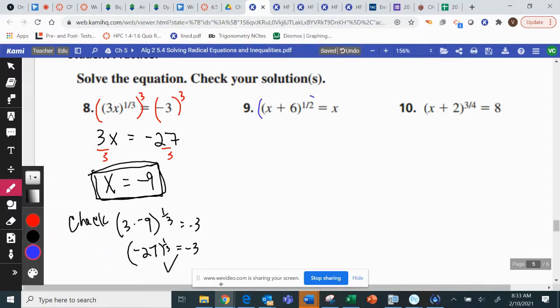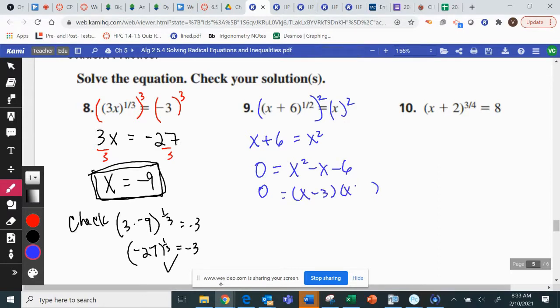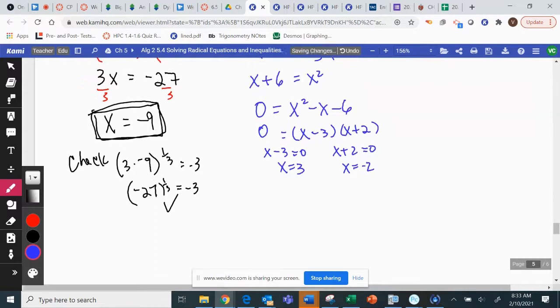For number 9, we're going to raise both sides to the second power. And because there's an x squared, I'm going to subtract the x and subtract the 6 to put it on one side. I'm going to try factoring that. Set each factor equal to 0. And then we need to check each factor.